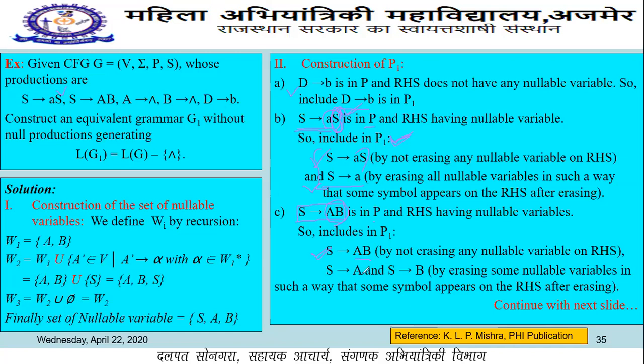Therefore, in this case we eliminate capital B, and in this case we eliminate capital A, and both are nullable variables. So these three productions corresponding to the single production S tends to AB, we include into the simplified set of productions P1 for grammar G1. I hope this is clear. Okay.